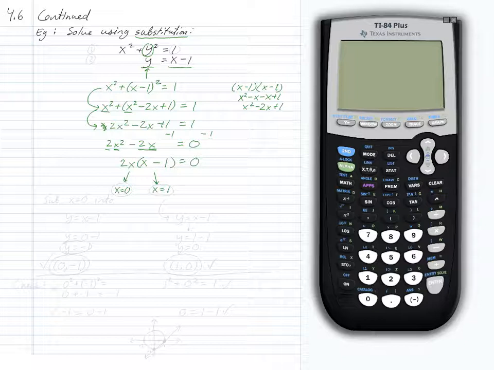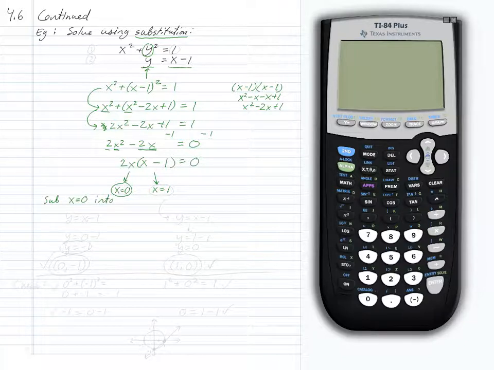Well, we're not quite done. We found values for x, but now we need to take those x values and find the corresponding y value that goes with them. So if I wanted to substitute x back into one of these equations, I'll look at x equals 0 first. I'm going to substitute x equals 0 into one of my equations.